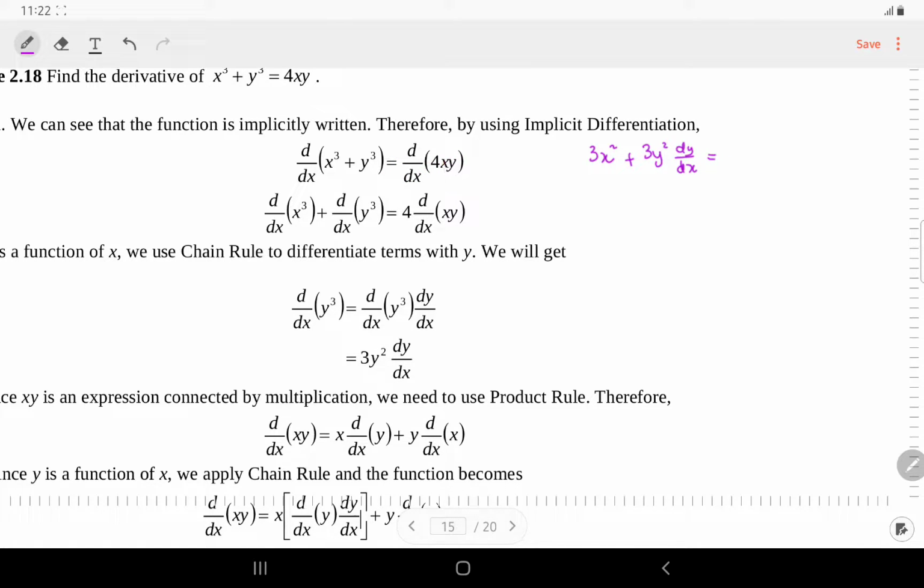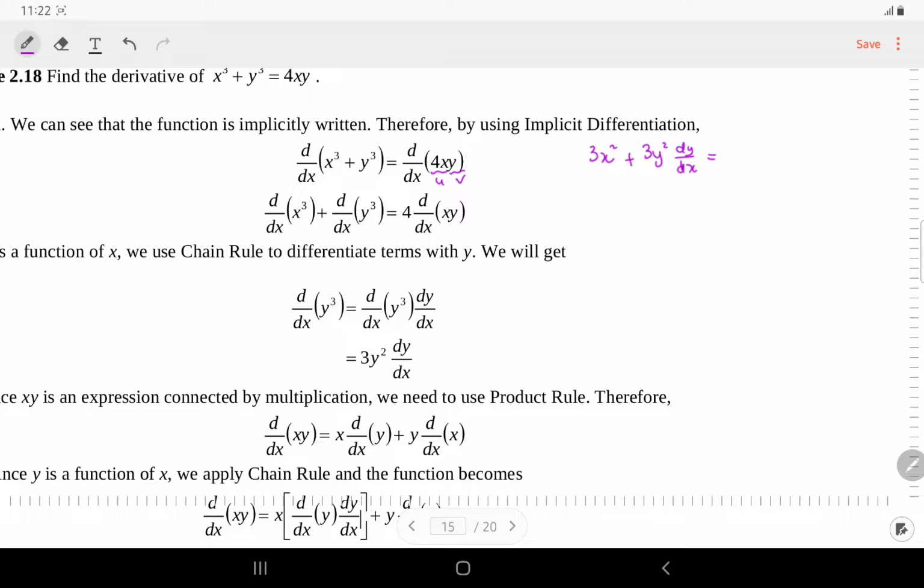Okay, for xy. To differentiate xy, we need to use the product rule. Because x and y are connected by multiplication, x multiplied with y, so we need to use the product rule. So for this term, we assume x is our u and y is our v.